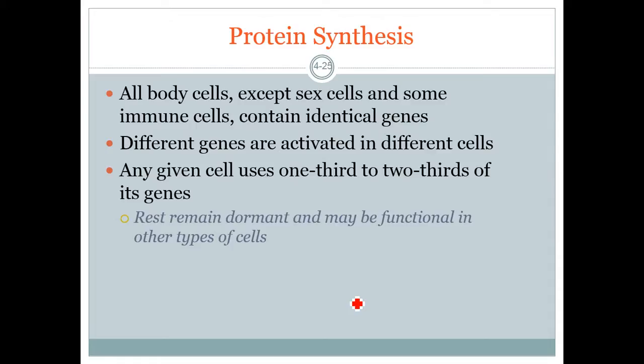Now, when a gene is activated, an mRNA copy is made. So when those genes that I just showed you, the base triplet of the DNA, when it's activated, that's when we're going to get this mRNA copy. And this is what migrates to the cytoplasm, where it's coded by a ribosome.